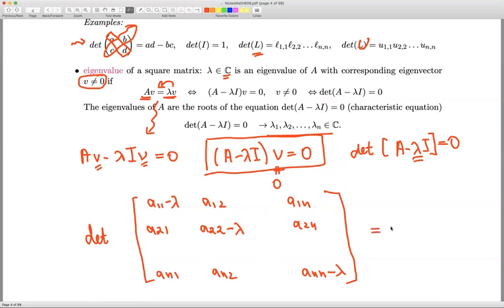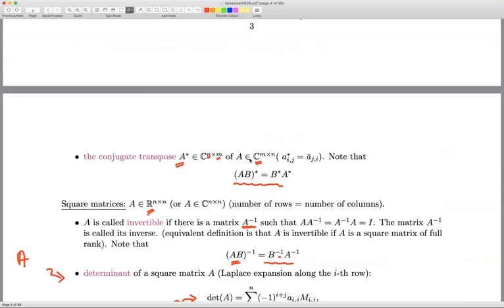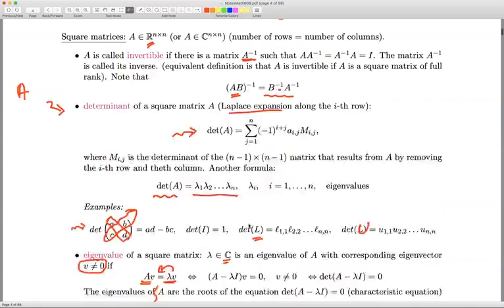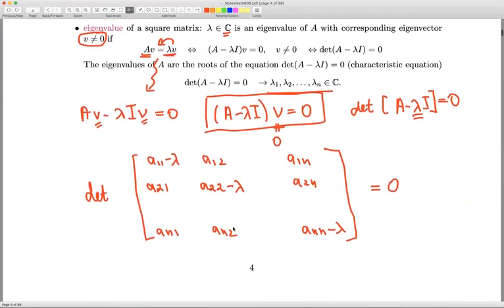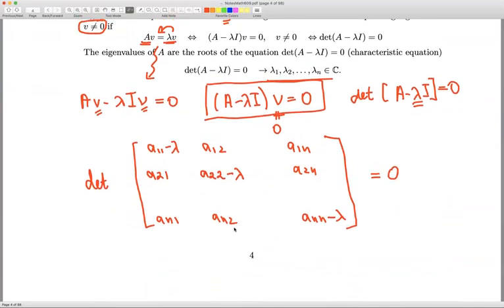However, if we use the rules, even for example this rule that I wrote here, the Laplace expansion, to compute this determinant, one finds out that if you write it down, you will end up with a polynomial of degree n, which is called a characteristic polynomial corresponding to the matrix A with respect to lambda.